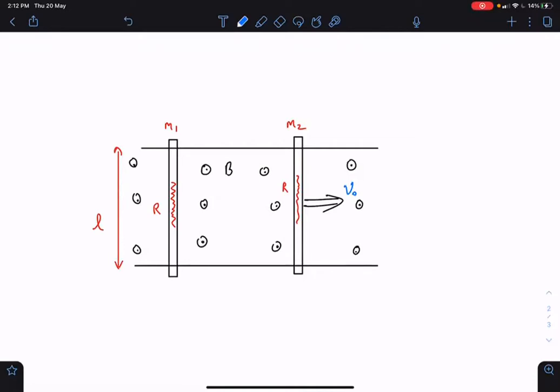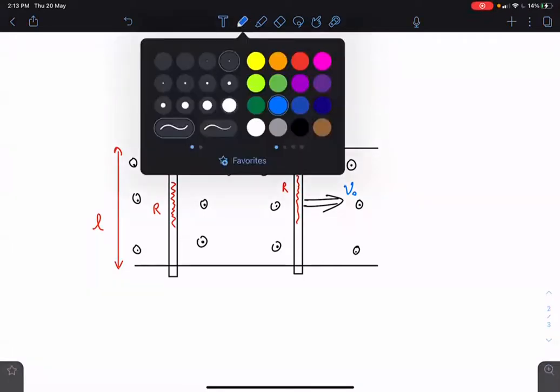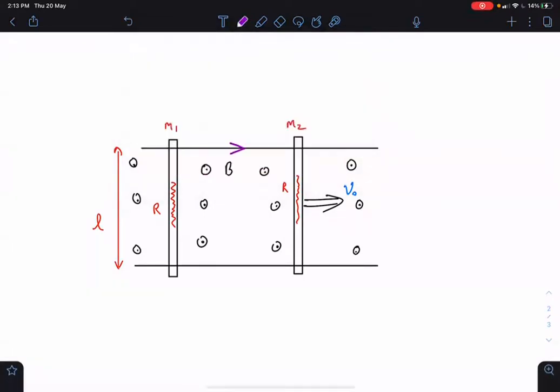Now, first of all, tell me the direction of current. Clockwise or anti-clockwise? Clockwise, correct. The current is clockwise. Now, can we say that M1 will gain velocity and M2 will lose velocity?